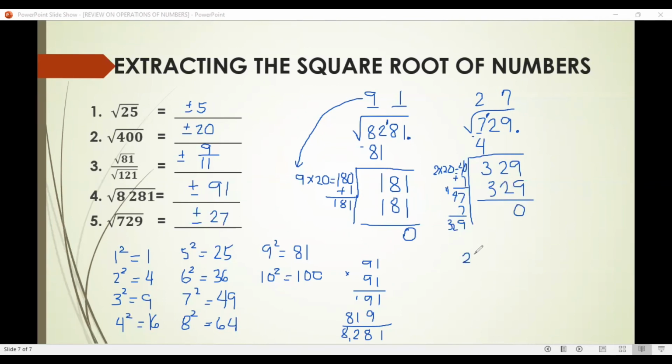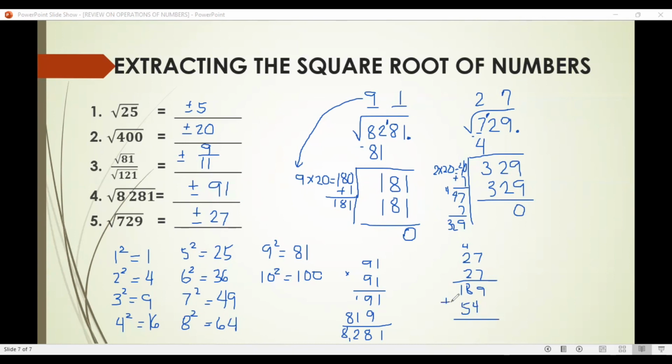If you want to prove it, you just multiply 27 by 27. So 7 times 7 is 49. Then you have here the 4. This will become 14 plus the 4 is 18. And then 2 times 27 is 54.